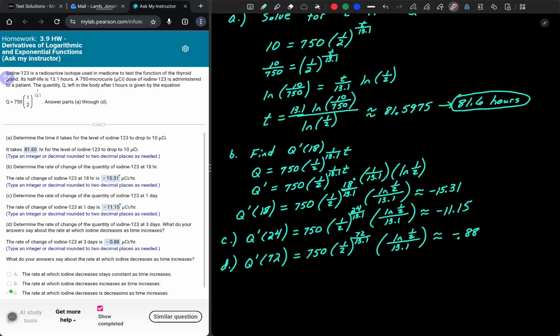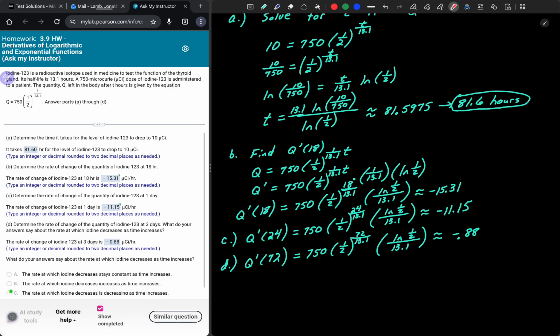Now when I say times the derivative of the exponent, it's easy to see that the derivative of the exponent is just its coefficient. And then times the natural log of the base. Well, the natural log of the base is natural log of 1/2. This is my correct derivative expression.